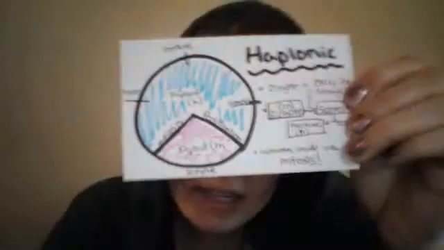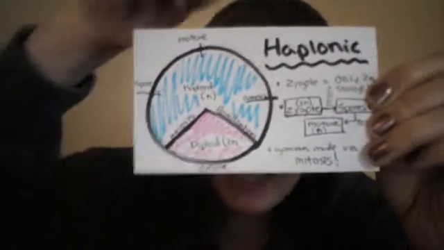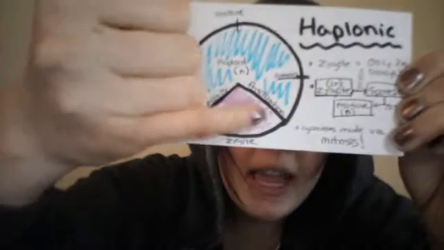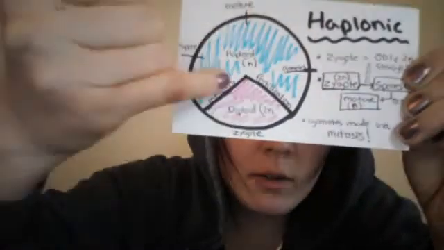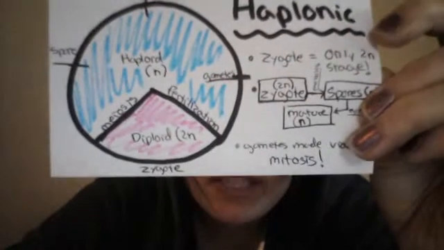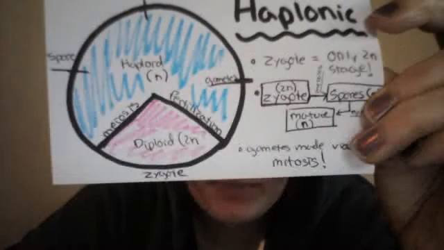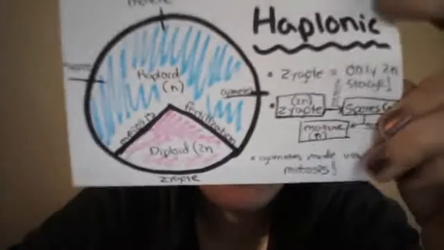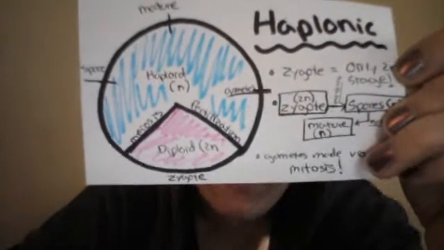In the haplonic, you can see here that the mature organism, most of their life, with the exception of the zygote stage, is haploid. Okay? The zygote is the only stage in this organism's life that is diploid. It is the only one.